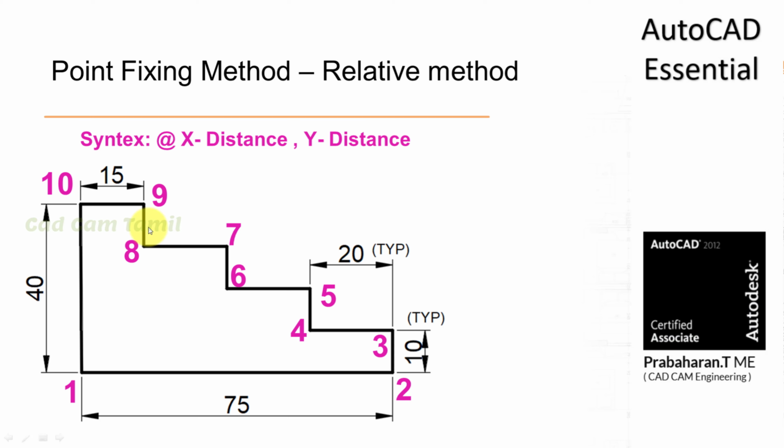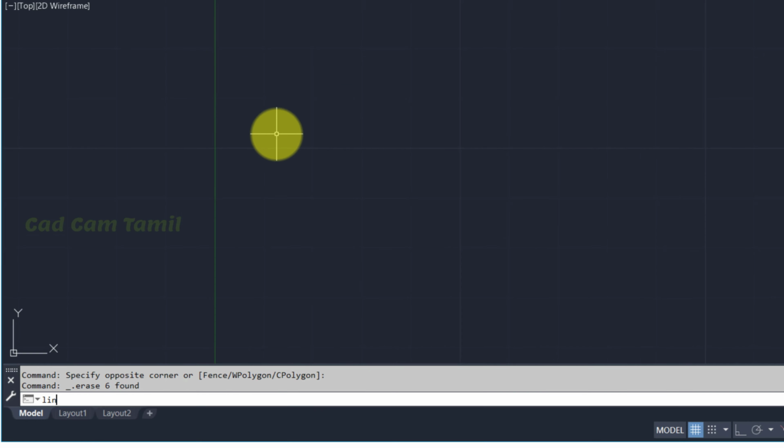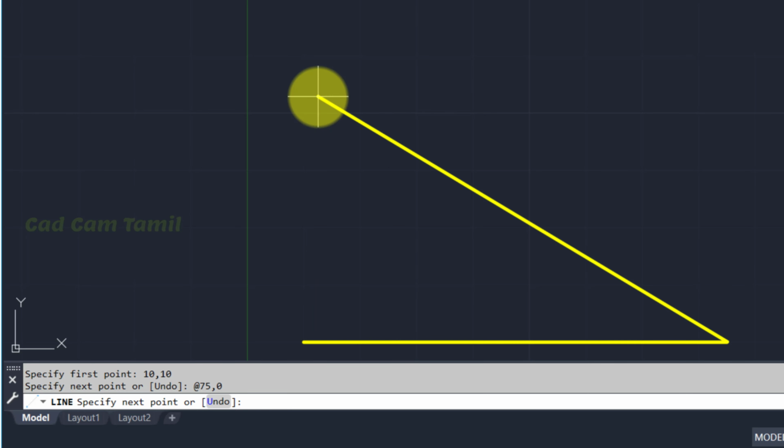Okay. So now we are going to draw these lines using the x distance, y distance. Okay, right. So the line starting point is 10, 10. From here, x is 75, y 0. From here, x becomes 0, y will become 10 mm positive.